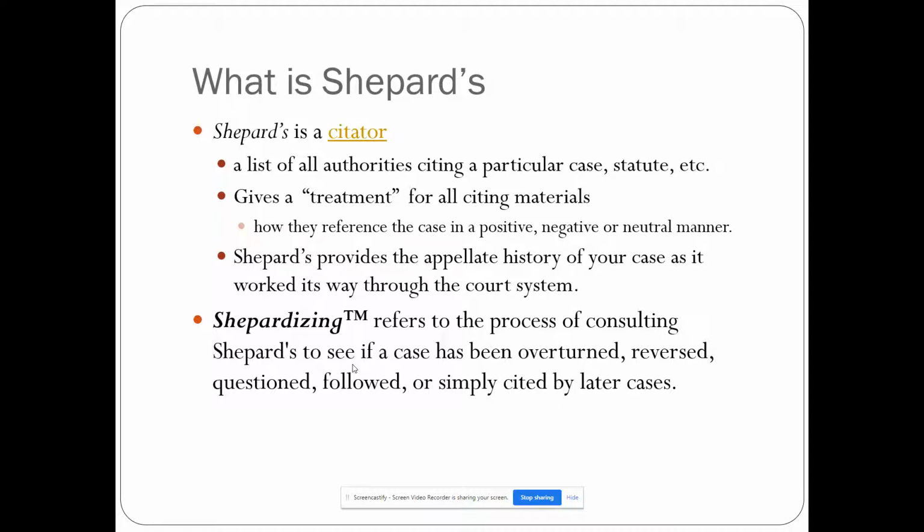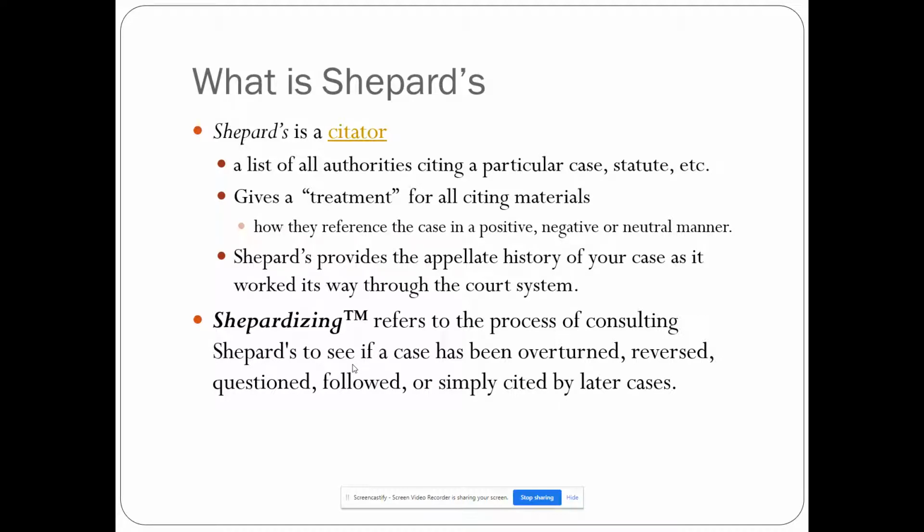So Shepard's, like KeyCite, it was the original. It is a citator. It gives you a list of all the authorities that cite either a case or a statute. And for the citing materials, especially in cases, it gives you what we call a treatment. So the Shepard's editors go in and see when a case has been cited and say, how has that case treated the case it cited?